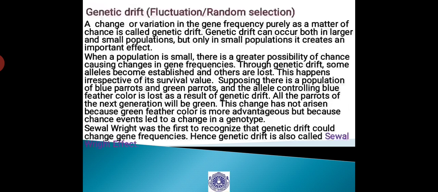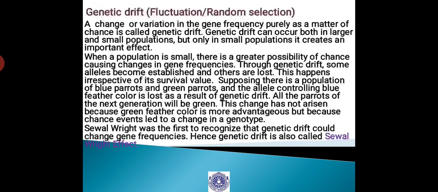It is also called as fluctuation or random selection. See, natural selection usually operates on large sized population, where it always favors the beneficial characters, and it is not going to favor the non-beneficial characters.